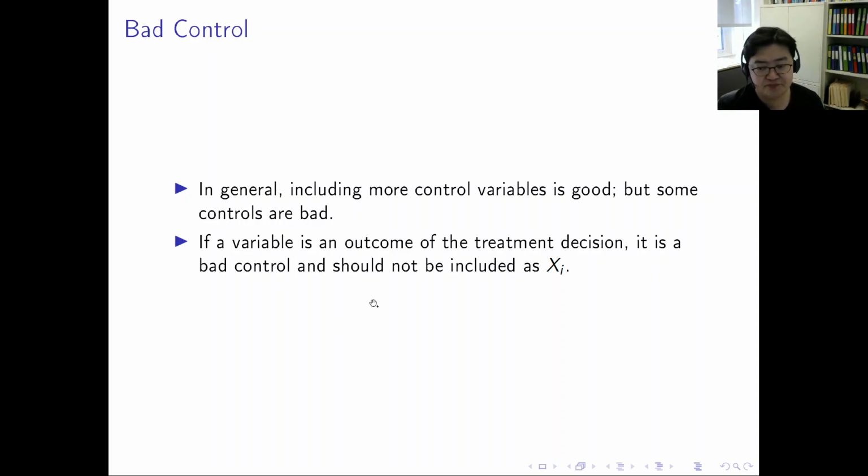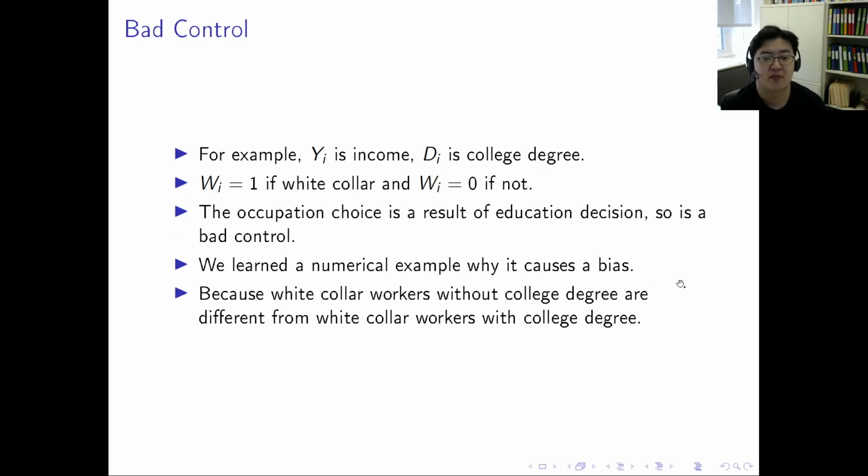I believe it's easy to understand how we decide on the variables. An example from the textbook was the effect of a college degree on your income. But the control variable is the occupation, whether you work in a white collar job or a blue collar job, for example.